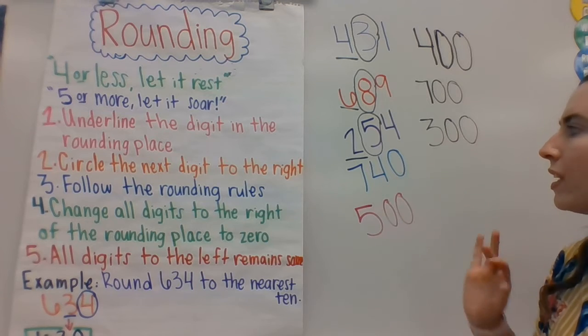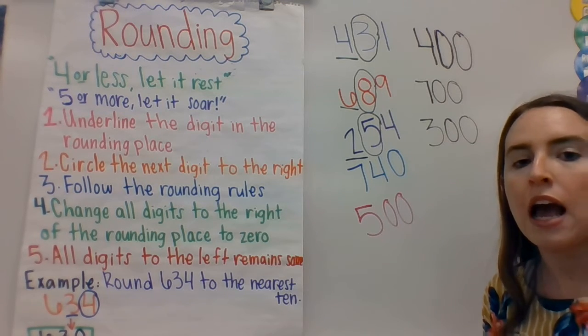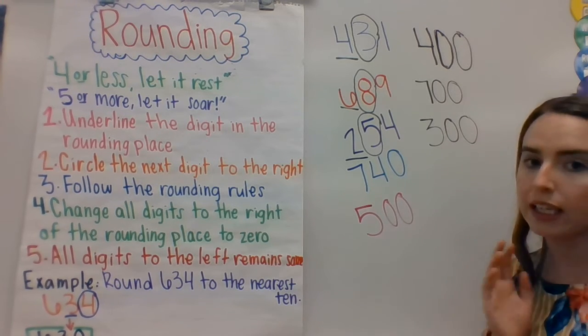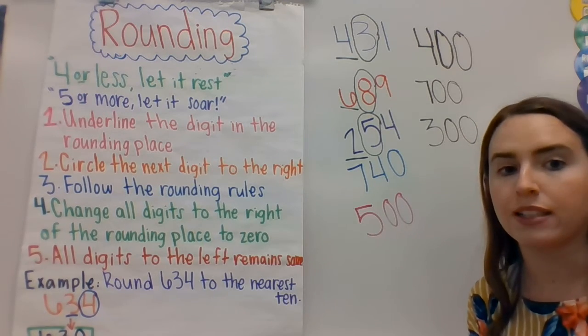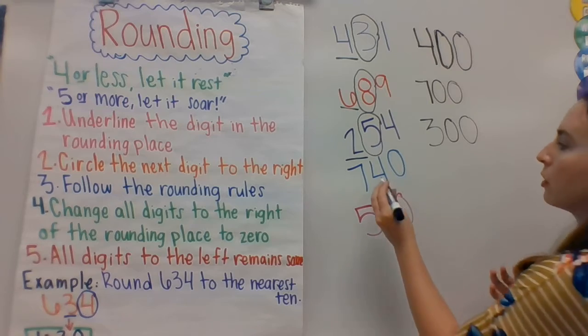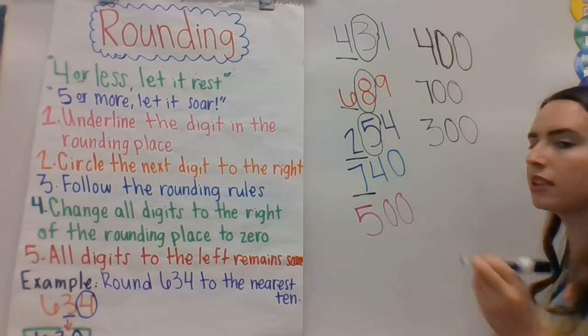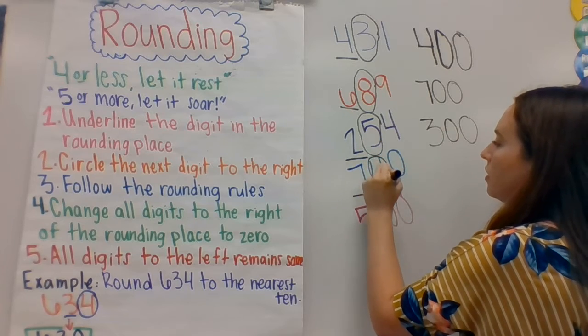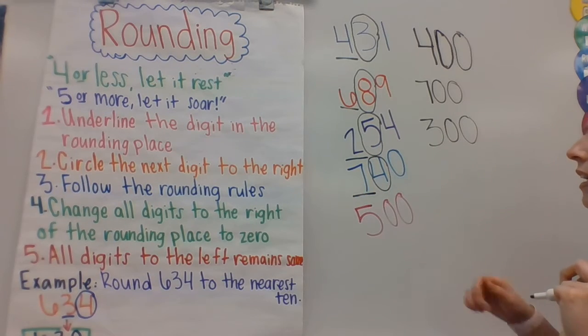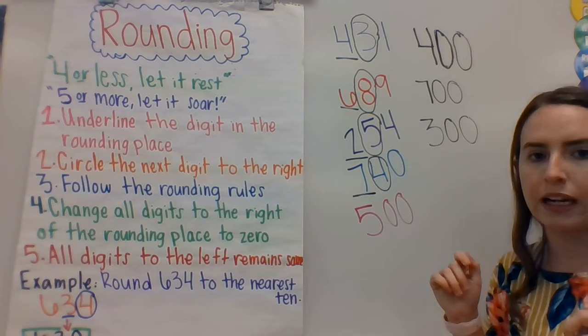All right, the next number we're going to look at is 740. This one's tricky because it's already rounded to the nearest 10, but we want it rounded to the nearest 100. So I'm going to underline the digit in the hundreds place, circle the digit in the tens place to the right, and follow the rounding rule.